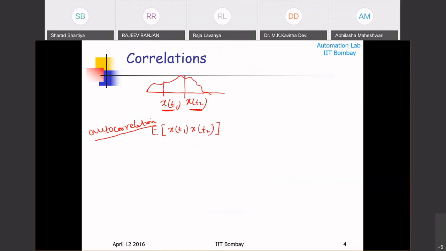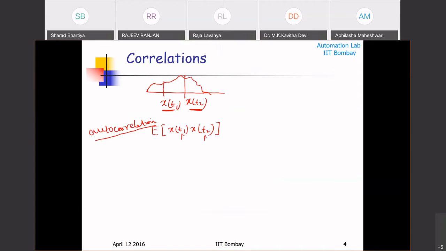Now, for any realistic process, you will agree that because there is memory in the system, just like the temperature example that I gave, when T1 and T2 are very close to each other, then the correlation is strong.